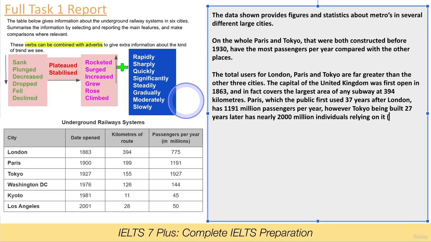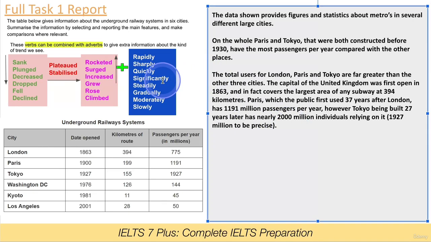And let's do a bracket: 1,927 million, maybe we could say to be precise. Okay, so we're comparing a few different things here.